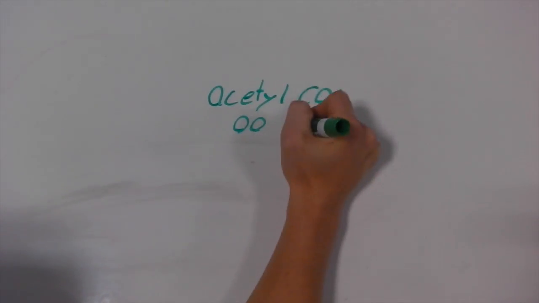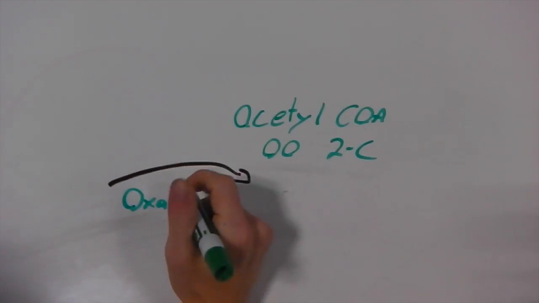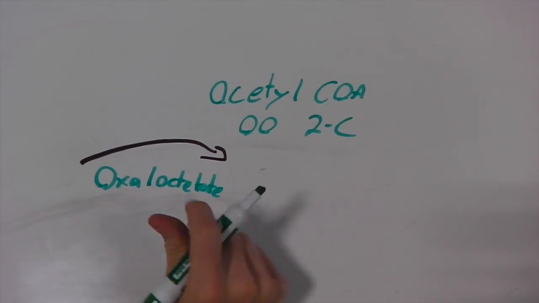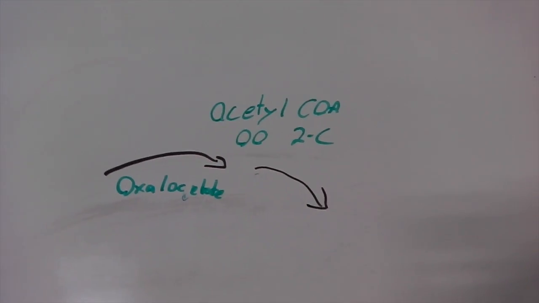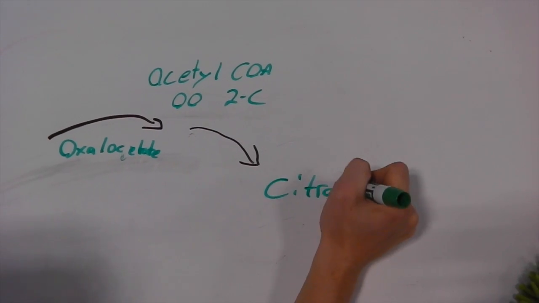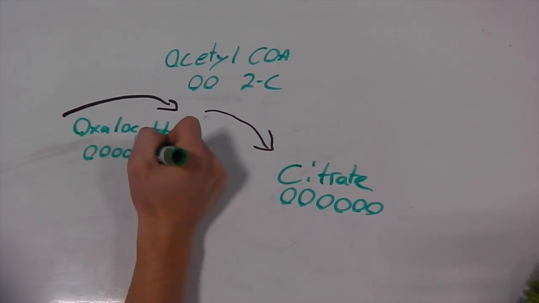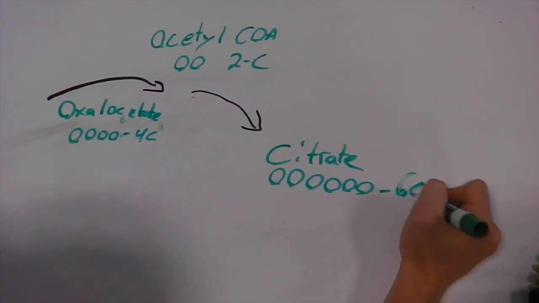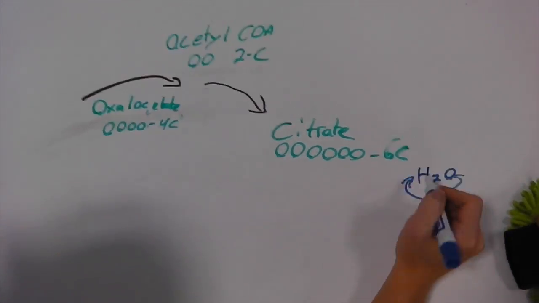Krebs cycle. First, we will start out with our 2-carbon acetyl-CoA, which will be combined with oxaloacetate, making citrate, which is a 6-carbon compound. Got that?